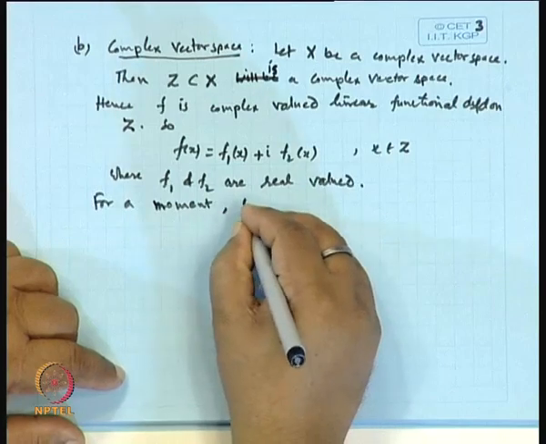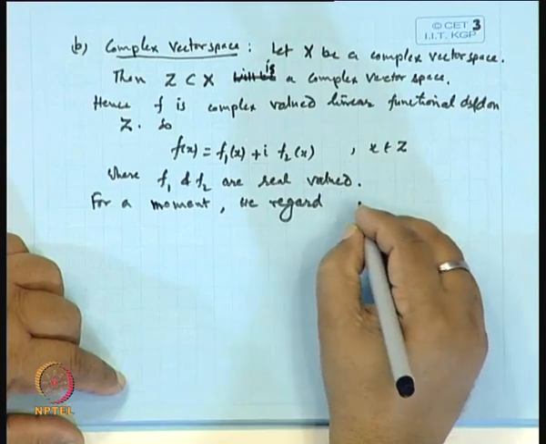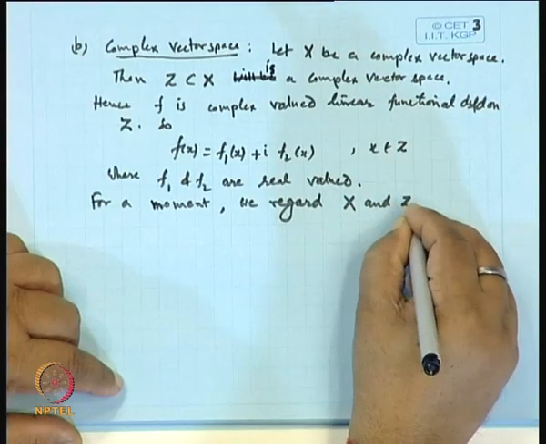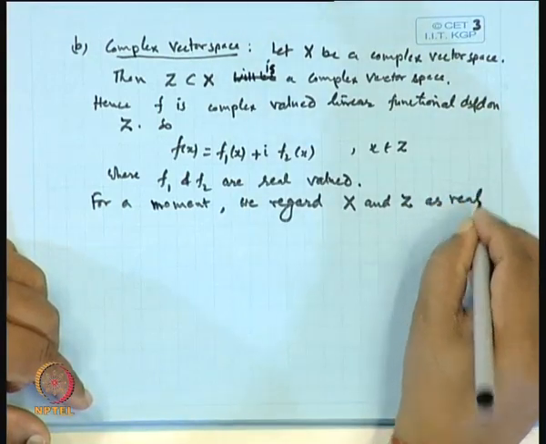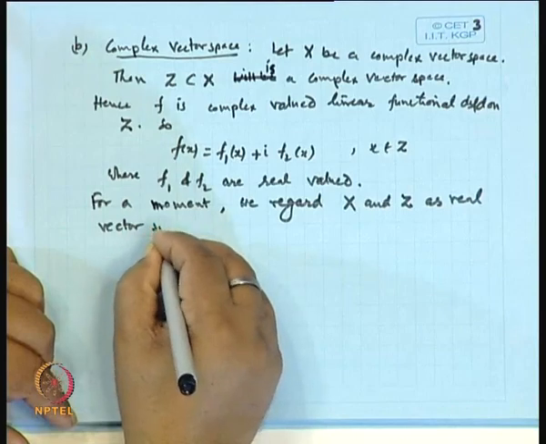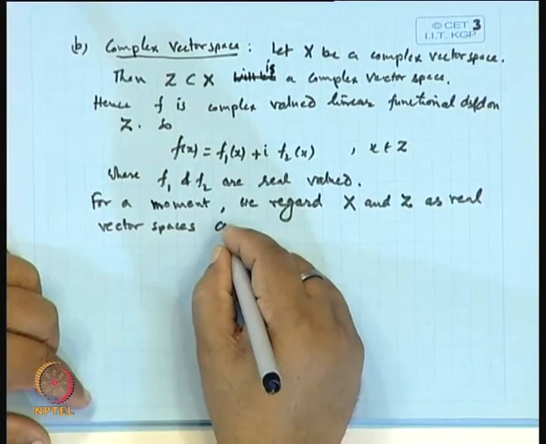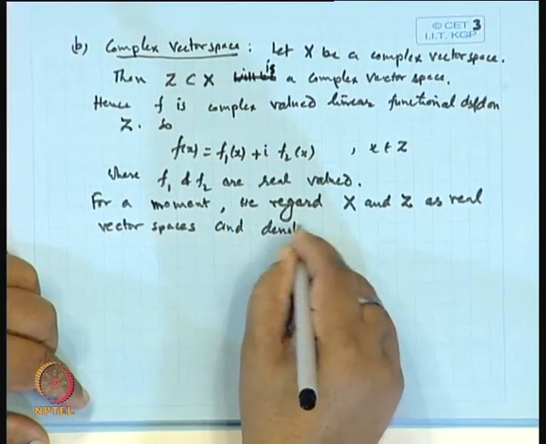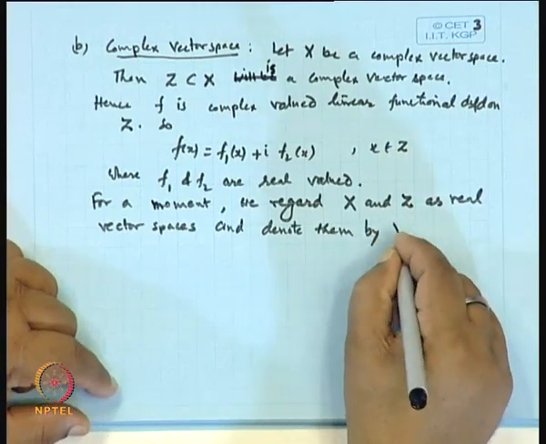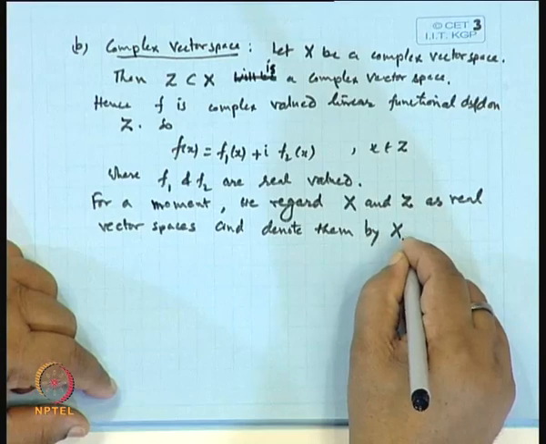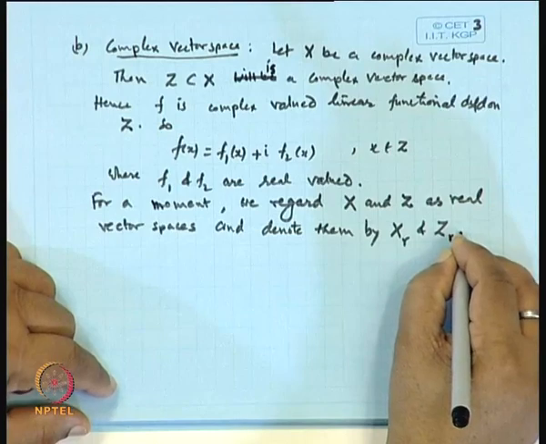For a moment we regard x and z as real vector spaces and denote them by x r, r for real, and z r, respectively.